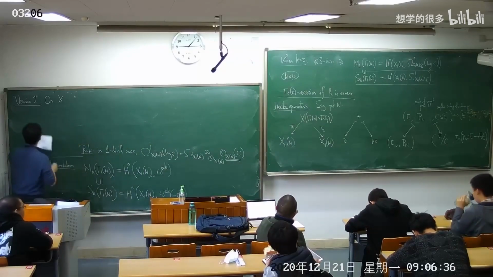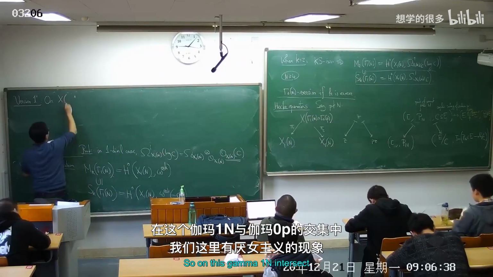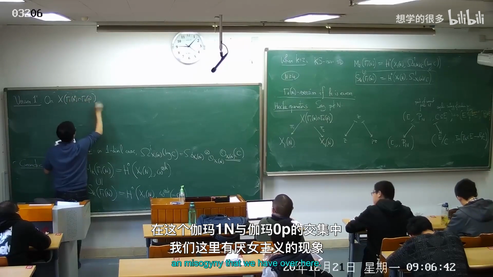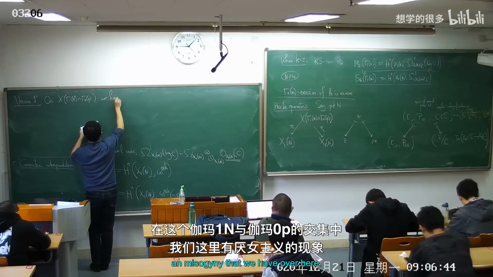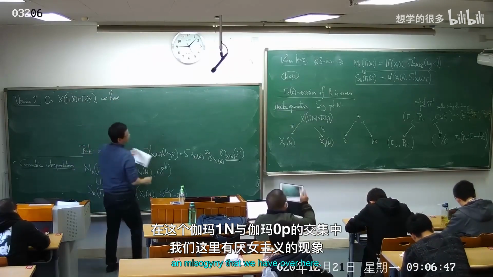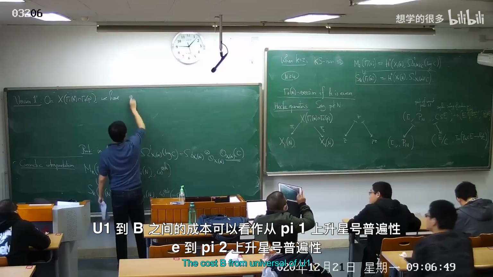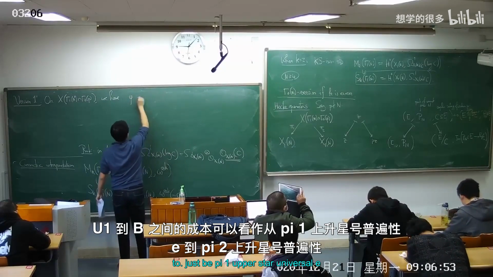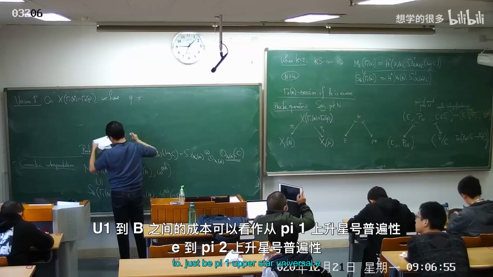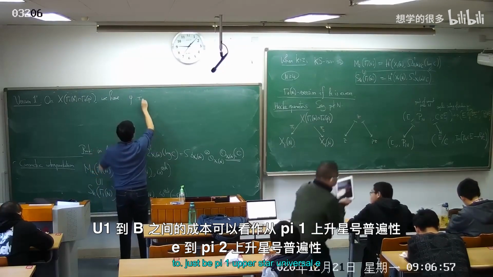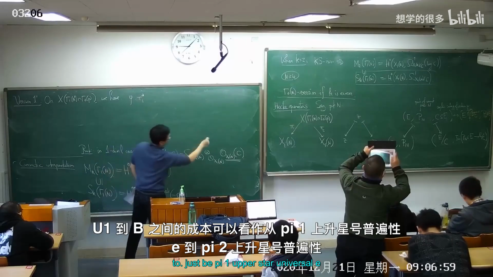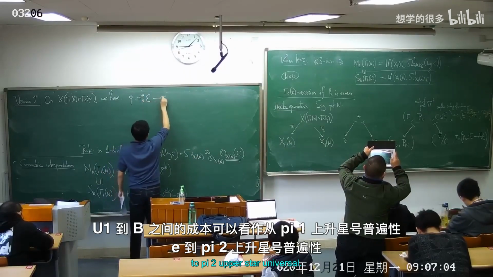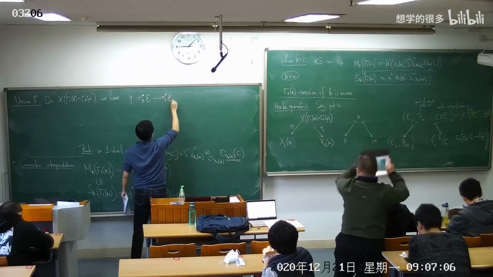not anything bigger. So on this gamma 1(N) intersect gamma naught(p), we have an isogeny from the universal E, maybe I should write pi 1, pi 1 upper star universal E to pi 2 upper star universal E. Right.